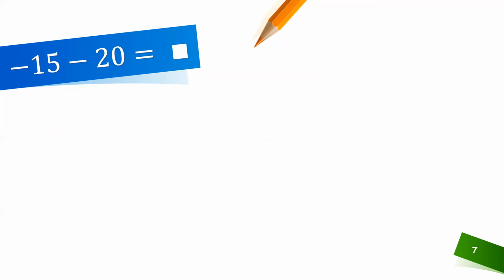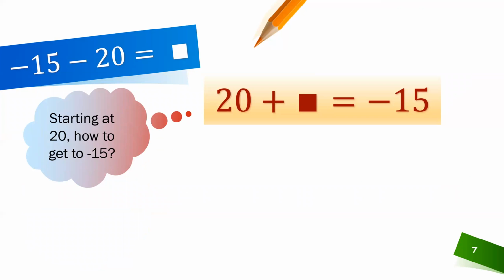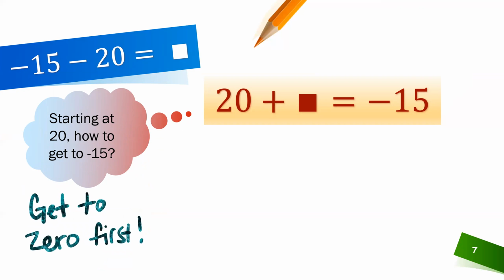Okay, suppose the numbers are kind of big like this right here. Negative 15 minus 20 is blank. How do you do that? Well, let's think about this for a second. 20 plus blank got to be negative 15, right? So if you are starting at 20, how do you get to negative 15? Well, let's get to 0 first, right? Remember, visualize that number line. I have positive numbers. That's where 20 is. And I need to get to a negative 15, which means I got to pass 0.